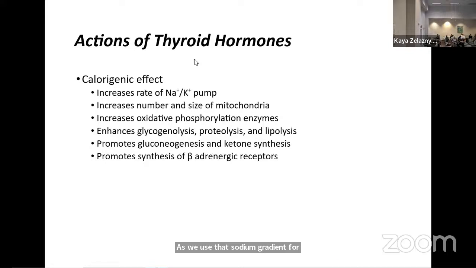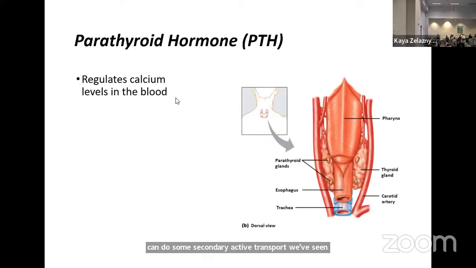And we also are going to see that sodium and potassium can do some secondary active transport. We've seen secondary active transport with sodium. So to our next slide. That's our story about thyroid hormones.